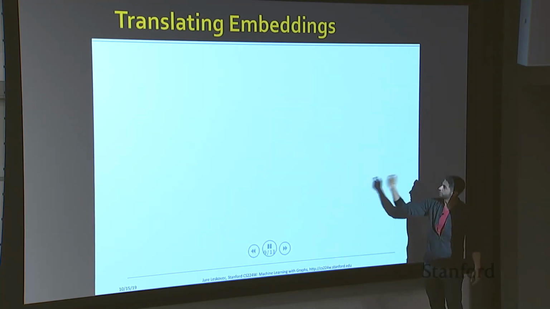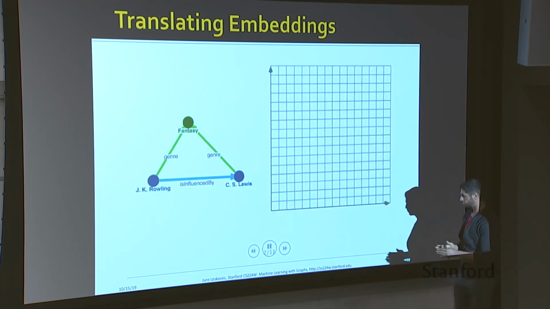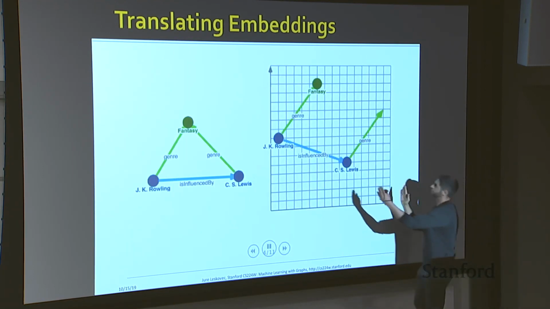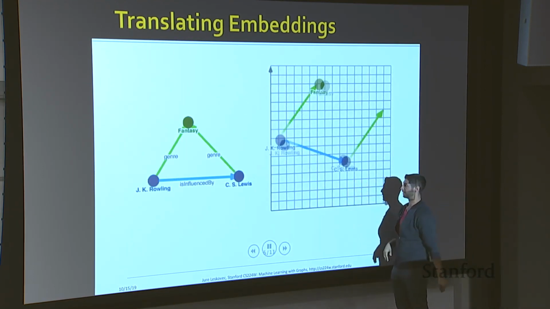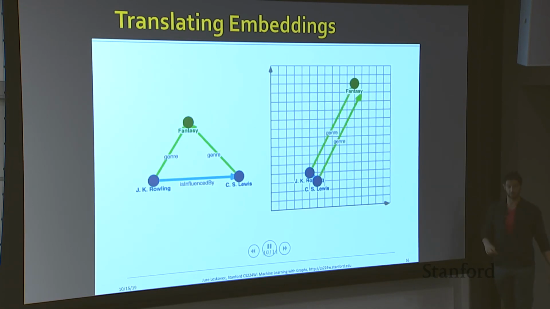So if J.K. Rowling and C.S. Lewis have to point to the same tail entity, then they have to get closer to each other in our embedding space, okay? So TransE basically goes from this intuition to an objective function that optimizes the distance between these embeddings.